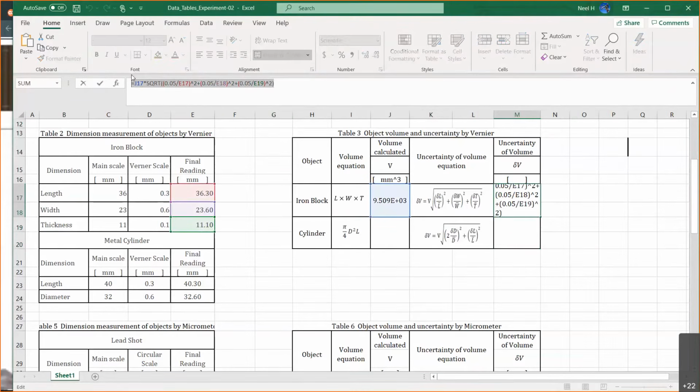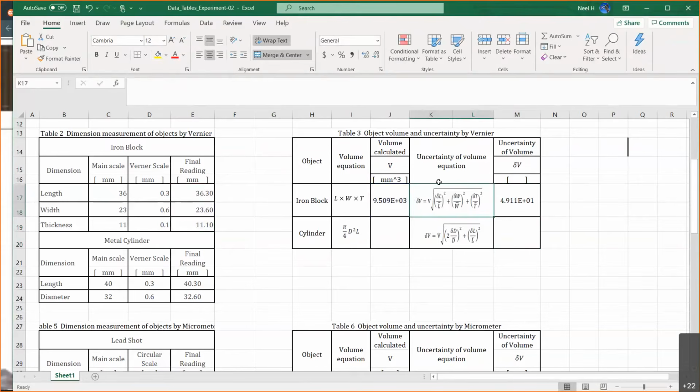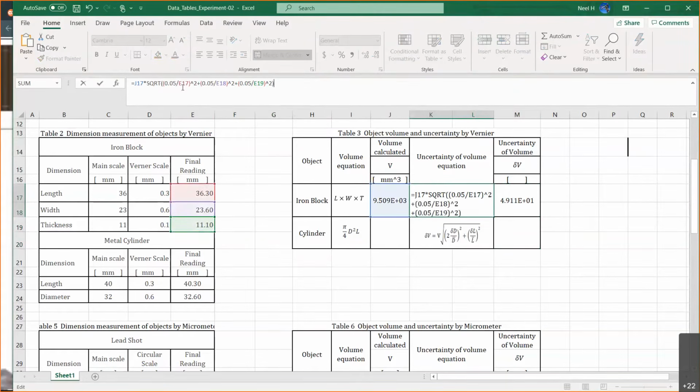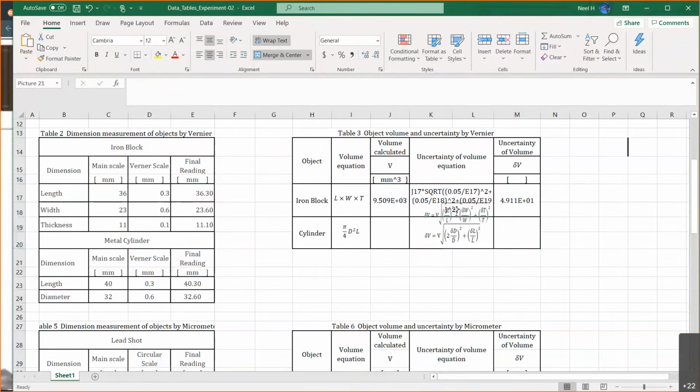Let me copy paste that to somewhere here. You can refer to that as needed, okay? Let me copy into this cell. Get rid of the equal sign and then move this equation a little bit further away, okay? So that's the equation I use, and this is the function I use.